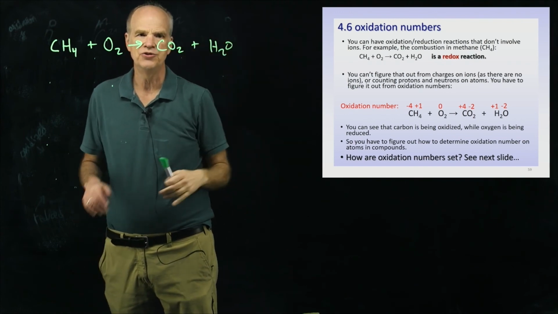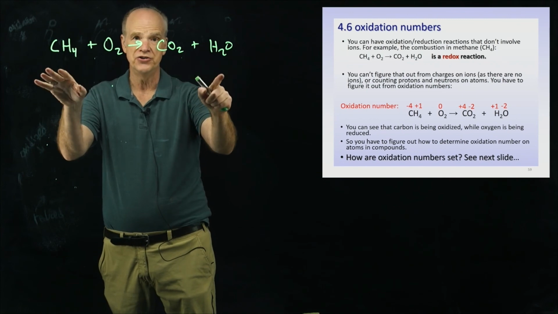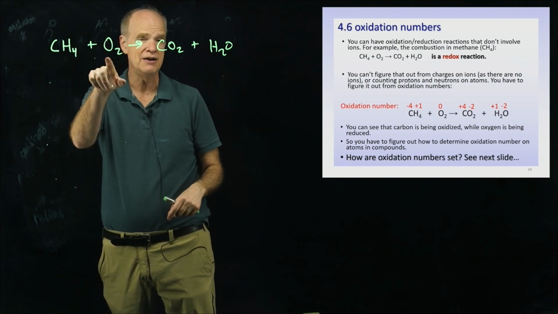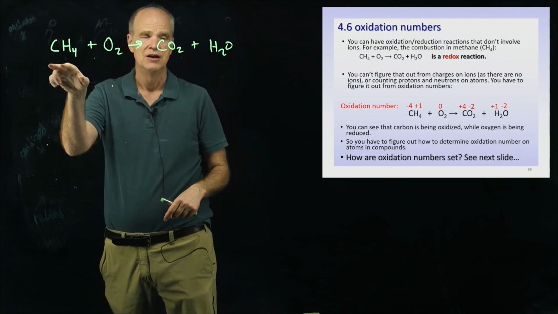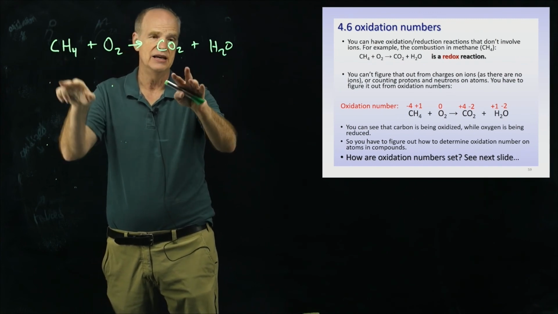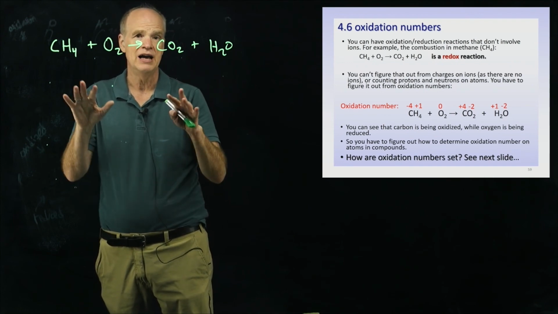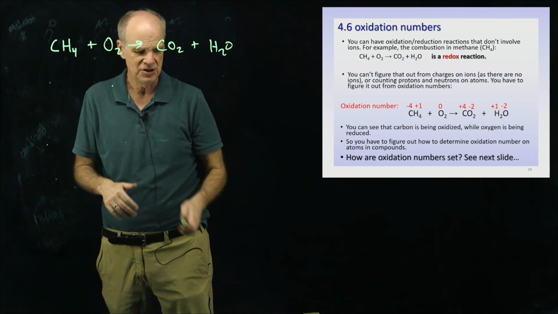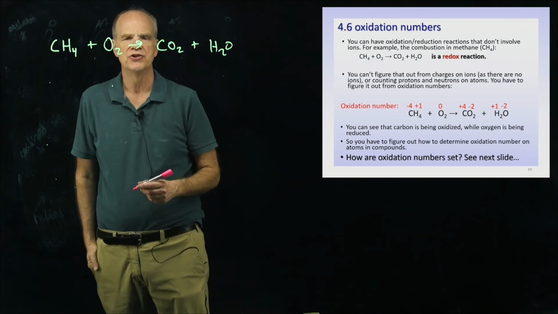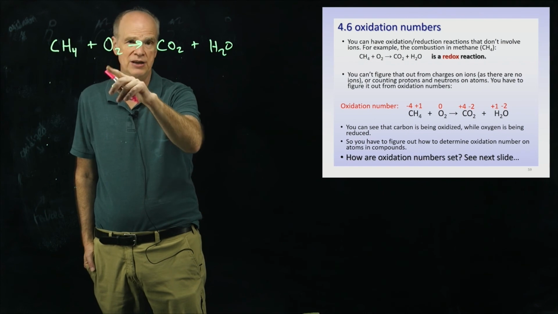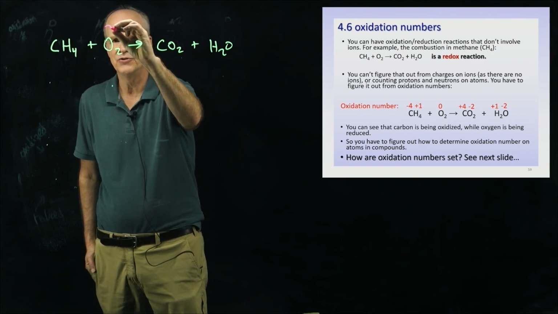One thing you see immediately is that most of the time with the reactants and the products, we don't have a free element. We do have a free element with oxygen, but here the methane and the other products are not free elements. Also, we don't have any ions here, so it may not be so clear what the oxidation numbers are. Now, oxygen here, because it's a free element, is going to have an oxidation number of 0.